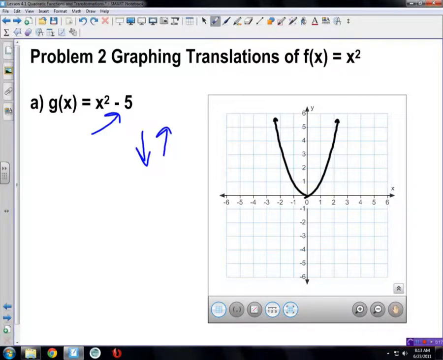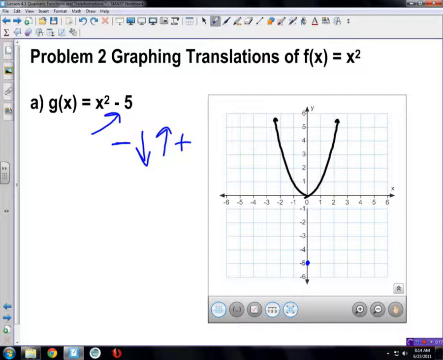And this one works exactly like you think it would. If it's a negative, it's going to be going down. If it's a positive, it's going to be going up. In this case, it's a negative 5, so we're going to be going down 5 units. So from 0, I'm going to be going down 1, 2, 3, 4, 5. And that's going to be my new vertex. It's going to be the new bottom part of my graph. Right?